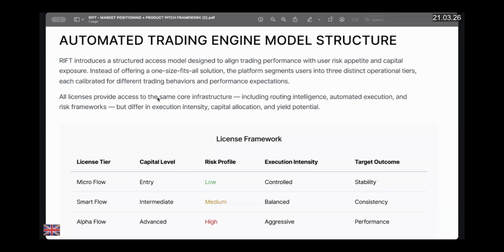So we at Rift introduce a structured access model designed to align trading performance with user risk appetite and capital exposure.